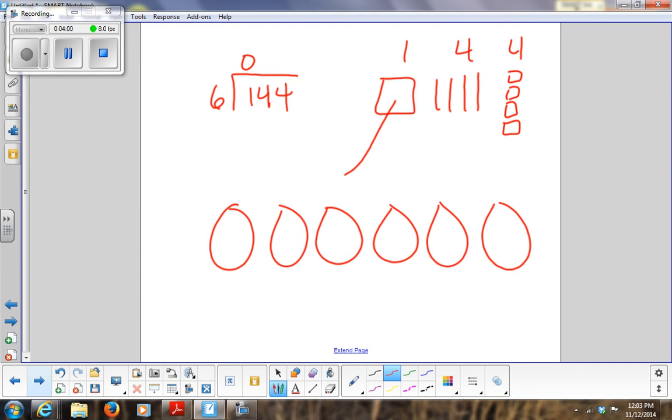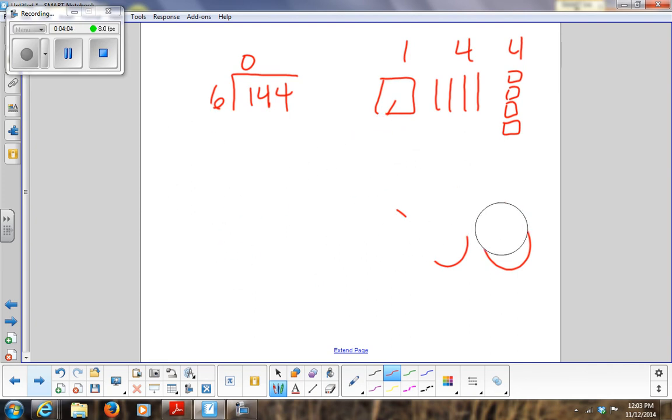So if I had this math problem, 6 into 144, what place value am I going to start in? Can I divide 1 by 6, Bailey? If I have 1 piece of candy, can 6 people get that same piece of candy? No, they can't. So I'm not going to start here, but I'm going to start at what place?